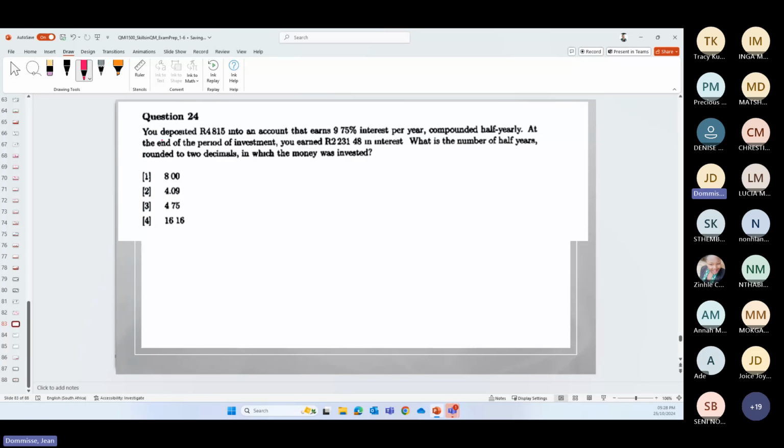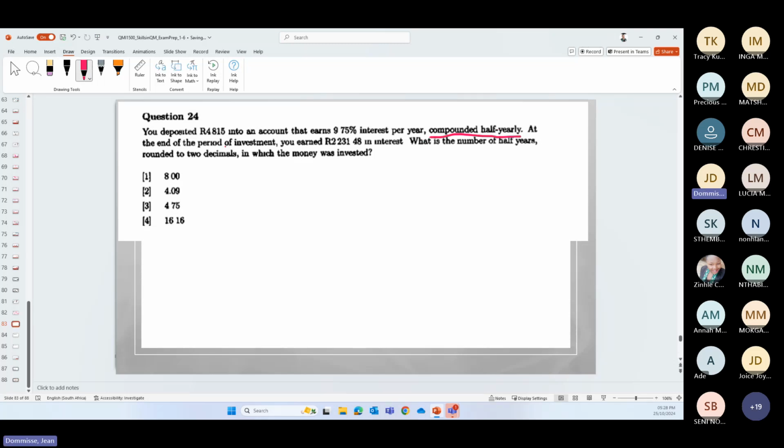Okay, so let's just make sure about all the compound interest questions and those things that you will also get. You've deposited 4815 into an account that earns 9.75% interest per year, compounded half yearly.